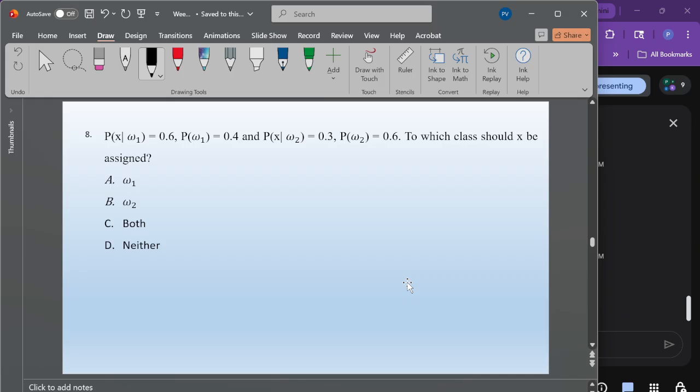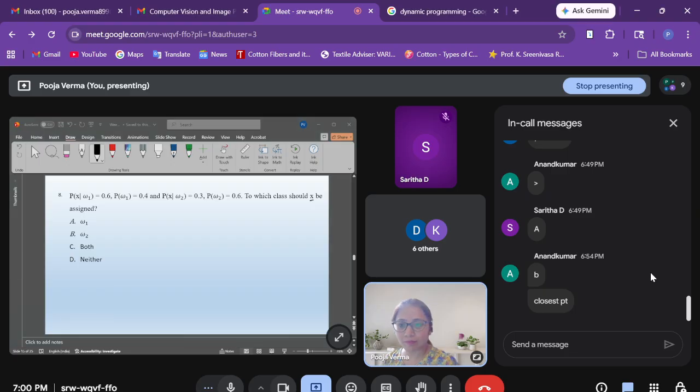Does anyone have any idea how we can solve this question? Here, the probabilities of the classes and their conditional probabilities are given.